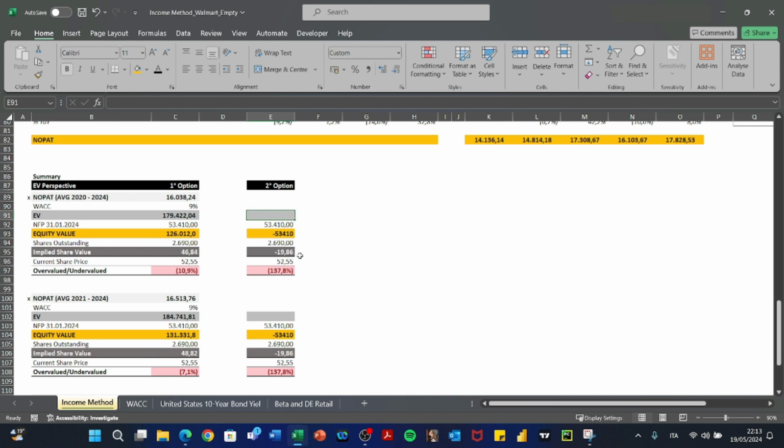But there is another formula you can use. This is the Gordon formula, which states that we can compute our enterprise value in this other way.